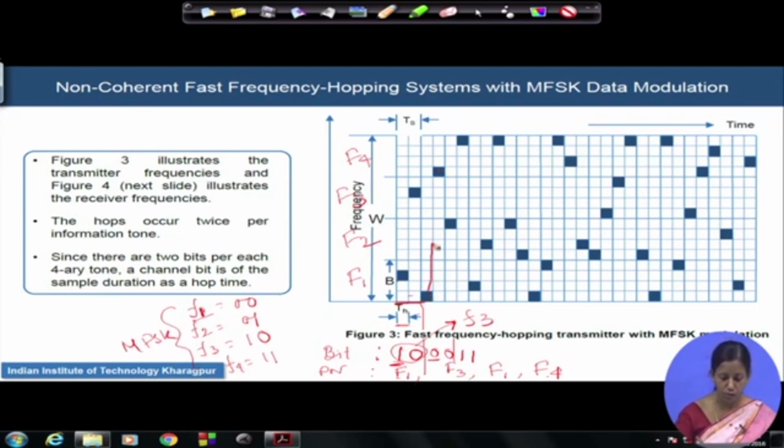Tone has not changed, because the tone was selected by the combination of this pair. This is the way we do it. It is very hard if we do any change of hopping within 1 bit duration. Sometimes we do it also, but to track the system in such a situation will be really tough, and those are really very fast hopping systems.